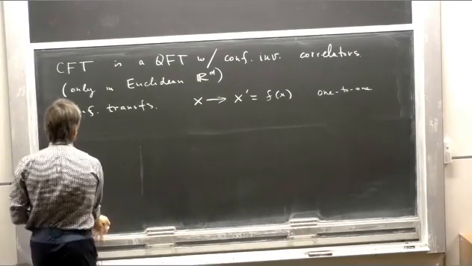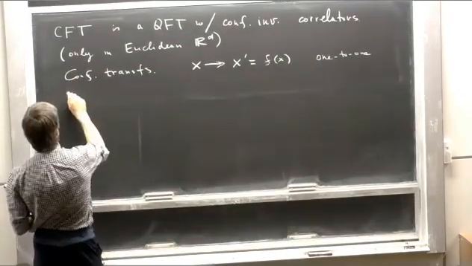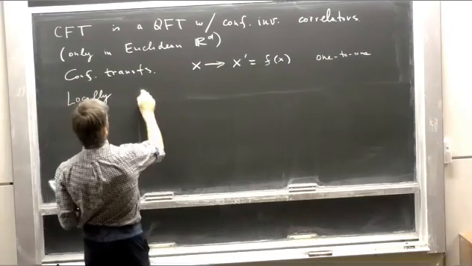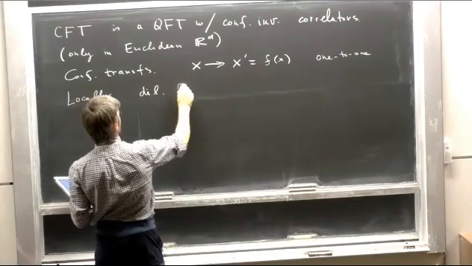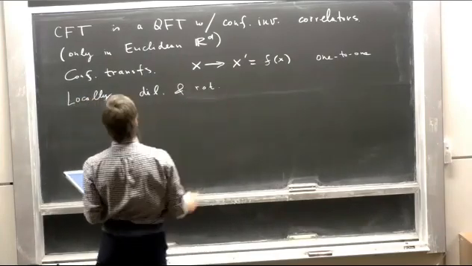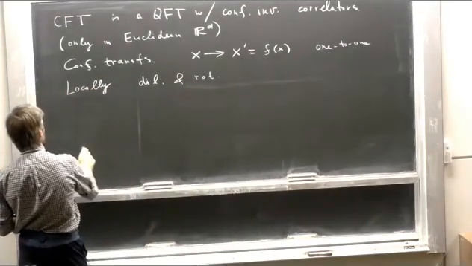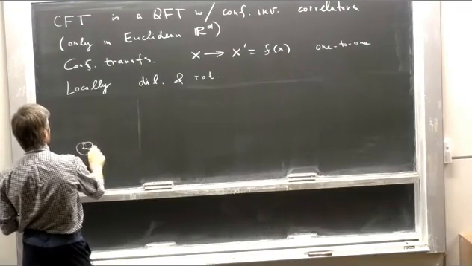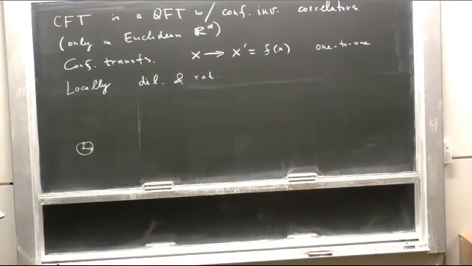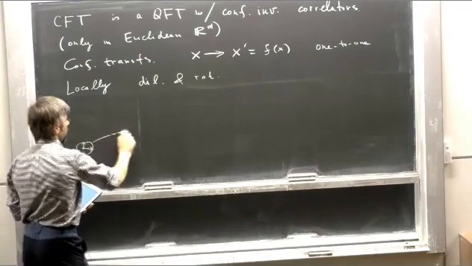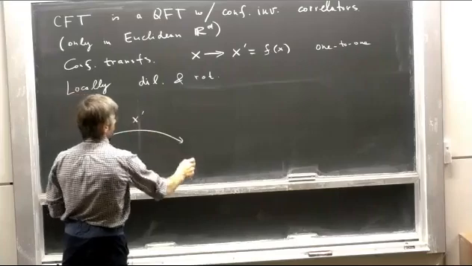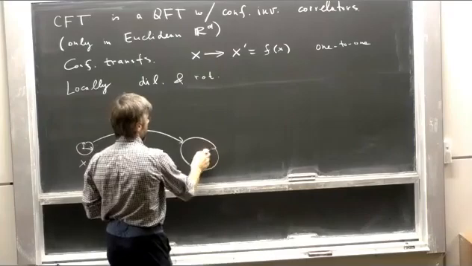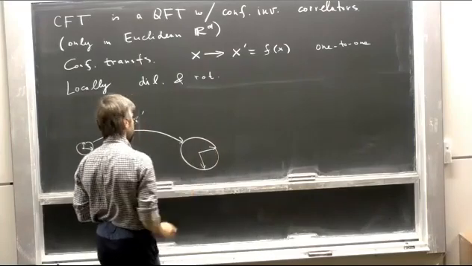So if you have a point x and you consider some neighborhood, there's some basis in this neighborhood, and you map it to a point x prime. So this neighborhood becomes larger, but it's still a circular neighborhood, and there is some rotation of the axes.